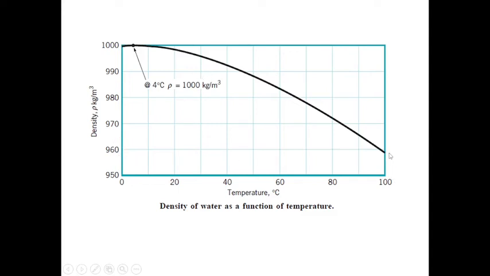Mainit na tubig, kumukulong tubig na to. So, gumaan. Ang 1 cubic meter, 960 na lang. Okay, so yan ang kanyang characteristic ng tubig. Habang umiinit yung tubig, nagkakaroon ng pagbaba sa kanyang density. Same as yung other liquids, like oil.